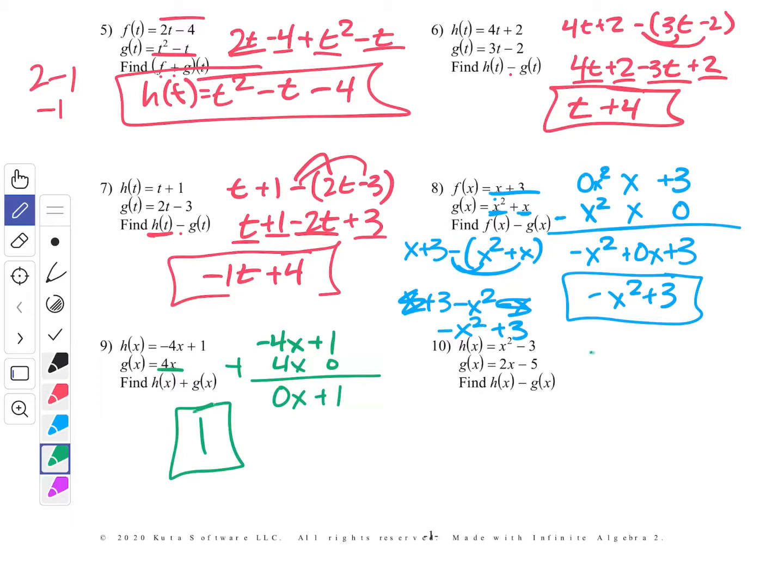Okay, so we have x squared. And then it would be like 0x and then negative 3. And then we'd have 2x and negative 5. We're subtracting x squared minus 0. It's just x squared. 0 minus 2x is negative 2x. And negative 3 minus negative 5, it's like negative 3 plus 5 would be a positive 2.